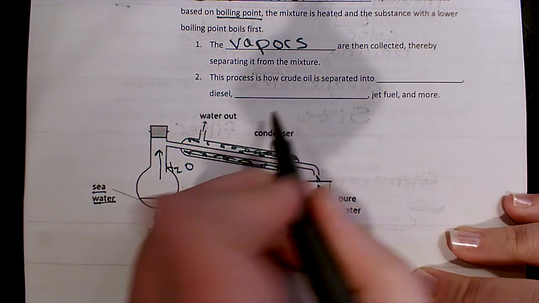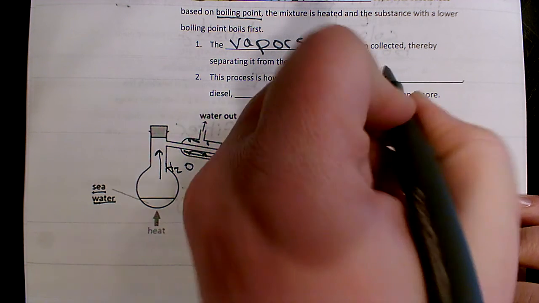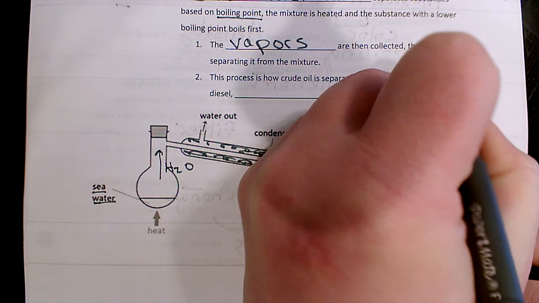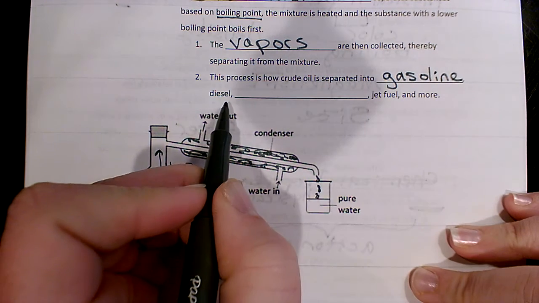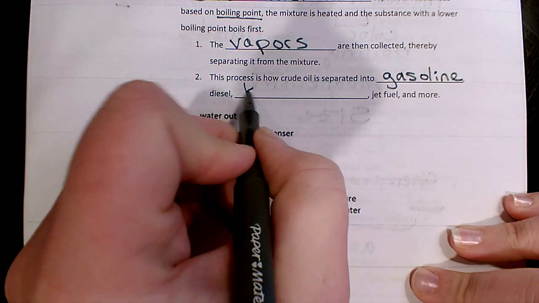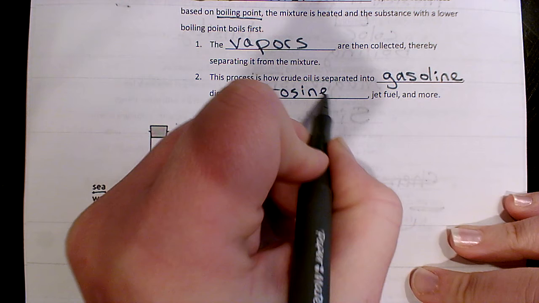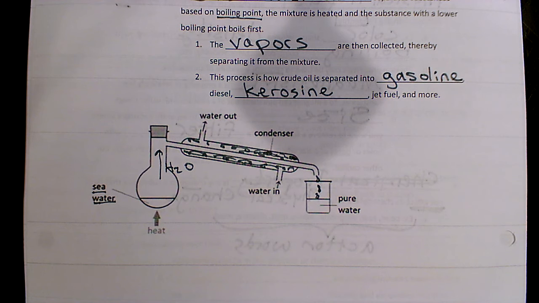This is how crude oil is separated into all kinds of useful things like gasoline, diesel fuel, kerosene, which used to be used a lot more, but it's used in some kinds of lamps. You put an oil in there that burns, and that's usually kerosene, jet fuel, all kinds of things.